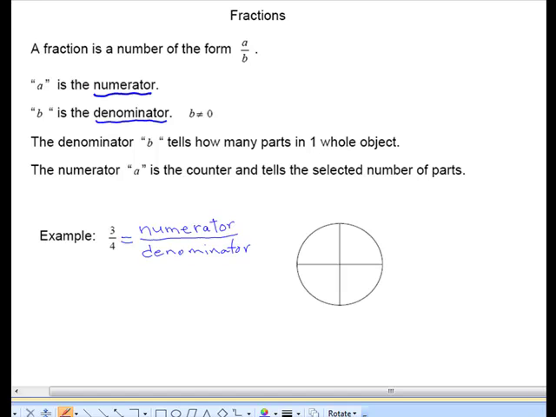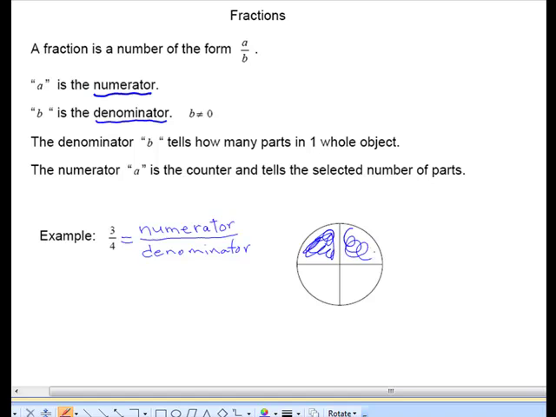So if we want to draw a picture of this fraction, the 4 tells us how to cut the whole object into equal pieces. So we want 4 equal pieces. The numerator tells us the parts to select. So we're going to pick 3 parts and we will shade those blue.